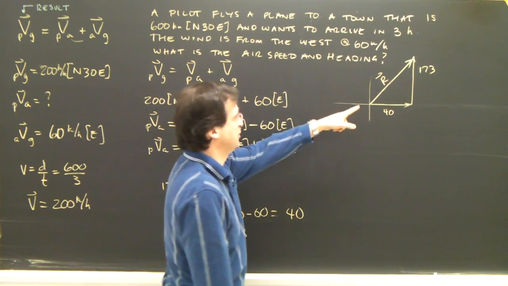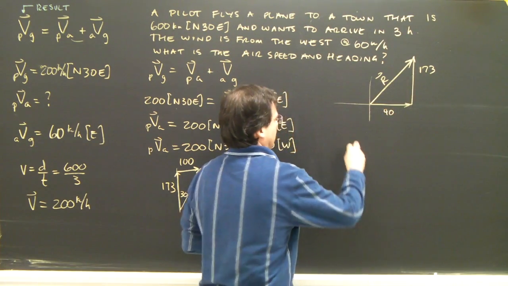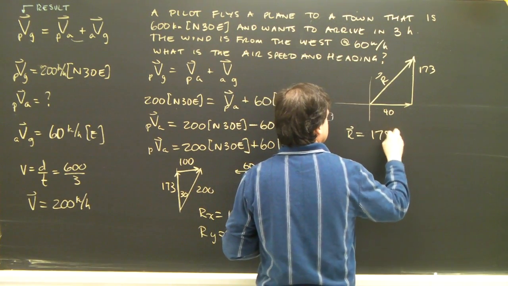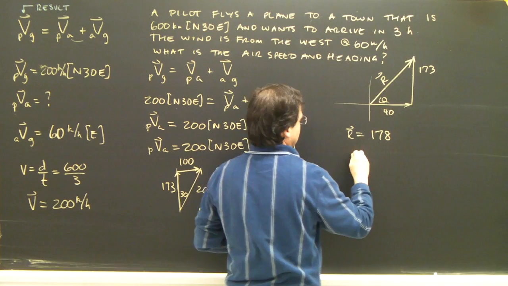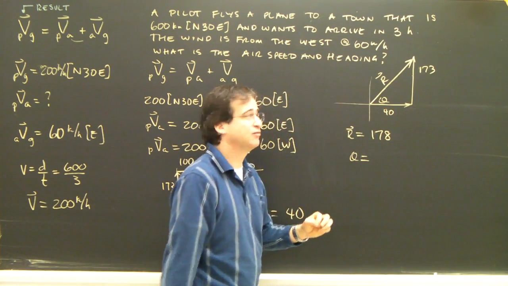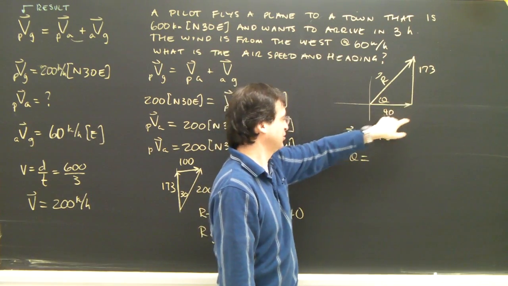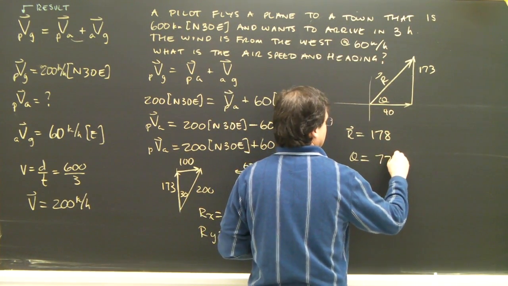I find it using Pythagoras: 40 squared plus 173 squared, take the square root. The result is equal to 178, so I rounded it a little bit. To find that angle, I find the inverse tan of 173 divided by 40, and you get 77 degrees.